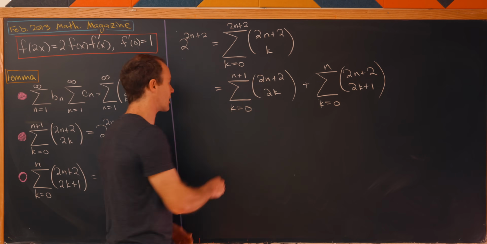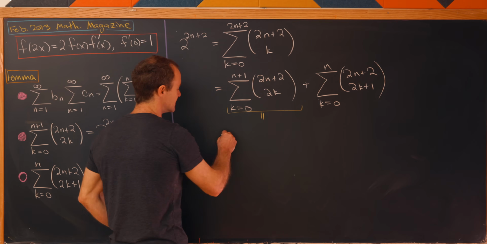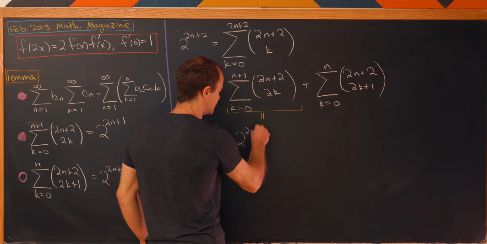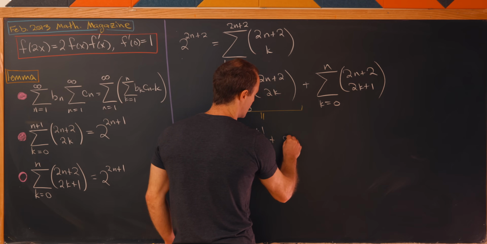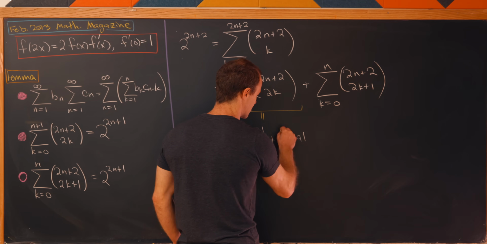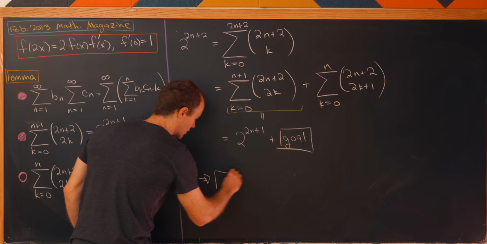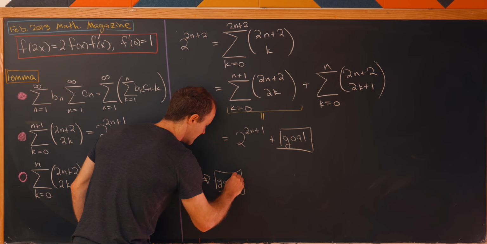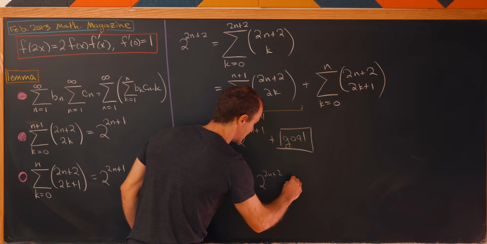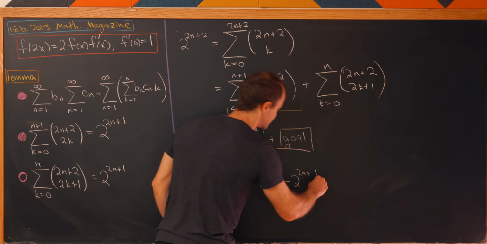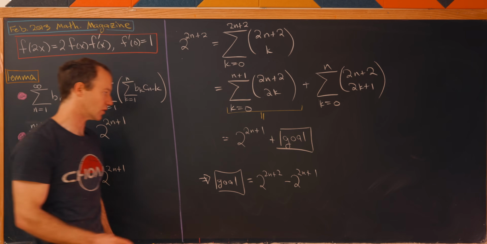But then by our first lemma, we know exactly what this is. So this is equal to 2 to the 2n plus 1, plus our goal sum. I'll just rewrite that as our goal sum so I don't have to rewrite the whole thing. But that means our goal sum is exactly equal to 2 to the 2n plus 2 minus 2 to the 2n plus 1, because we've constructed an equation for our goal sum.